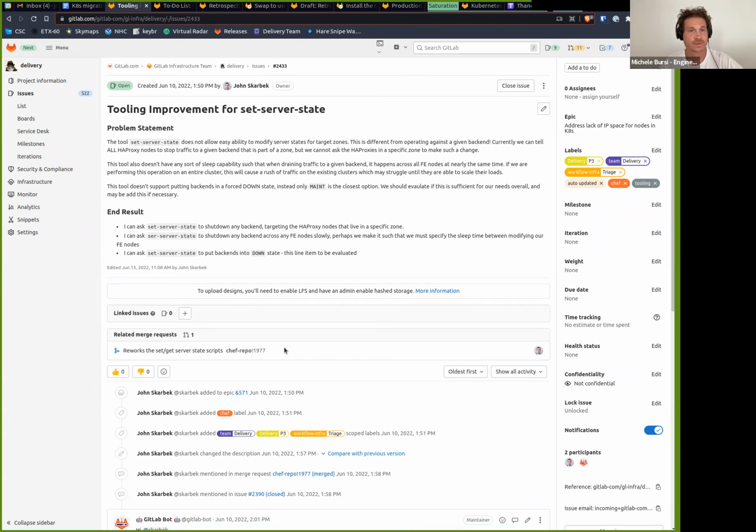Instead of asking HA proxy to shut down cluster C across all HA proxies, target only the HA proxies that live in zone C and shut down the cluster for zone C. I guess I'm going out of order, but that should prevent a situation where all the traffic ends up in Canary, because we've shut down the traffic for just that zone. We would also do the same for Canary in that particular case. That way Canary doesn't blow up.